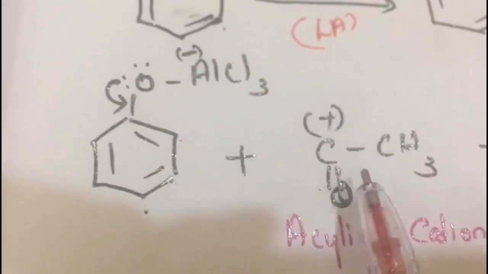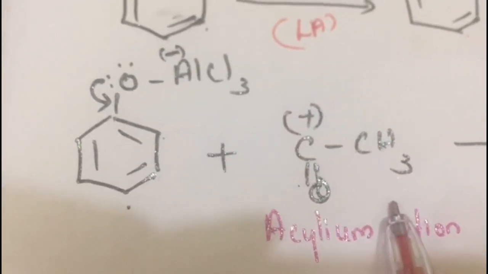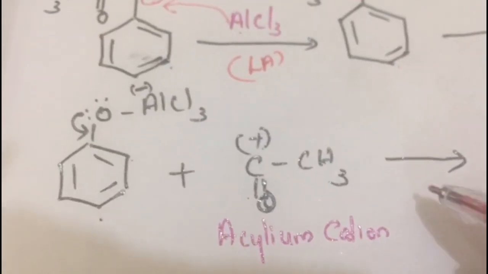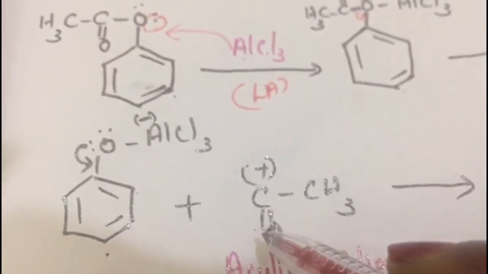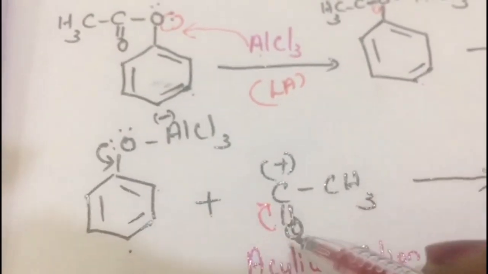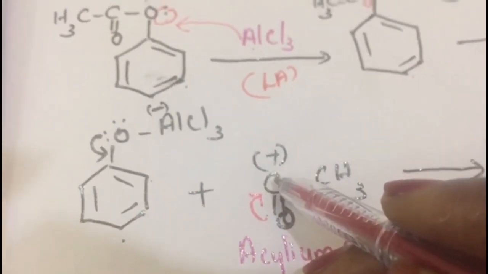You see here C6H5O AlCl3 minus plus CH3CO+. This compound is known as acylium cation. This acylium cation is highly stable because it undergoes resonance. When the electrons are shifted here, this oxygen acquires positive charge and this carbon becomes neutral.